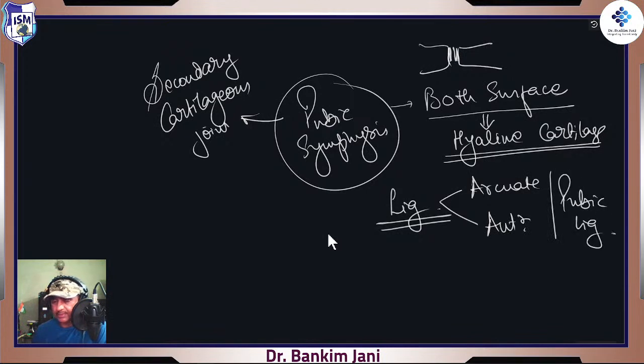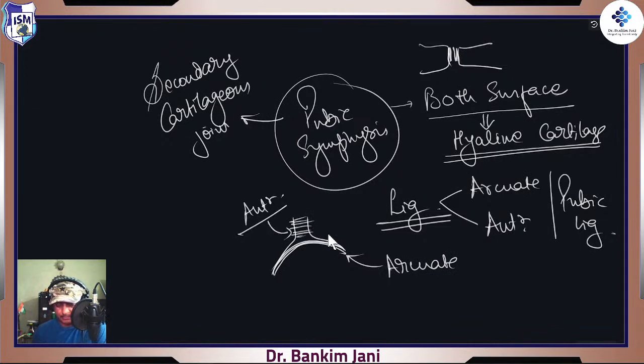Just for understanding where exactly that arcuate is, that's the arcuate ligament. And anteriorly, this one would be the anterior pubic ligament. So arcuate and anterior.